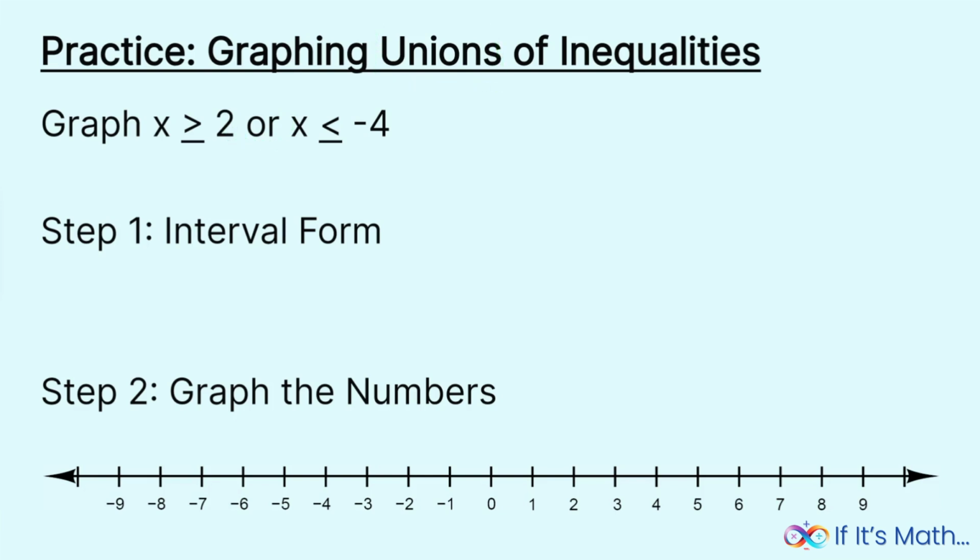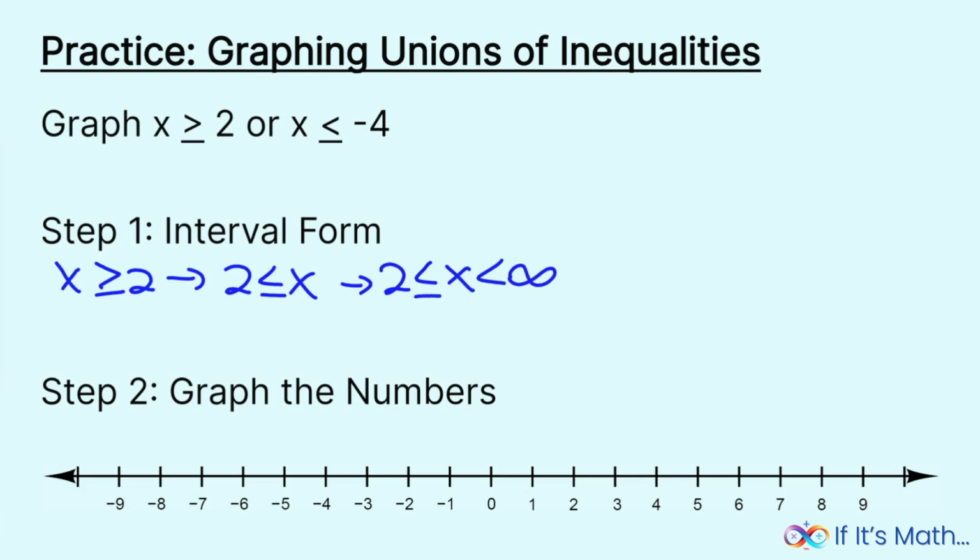So first step is to get these into interval form. So x is greater than or equal to 2 is 2 is less than or equal to x, which is less than infinity, which gives you 2 to infinity.